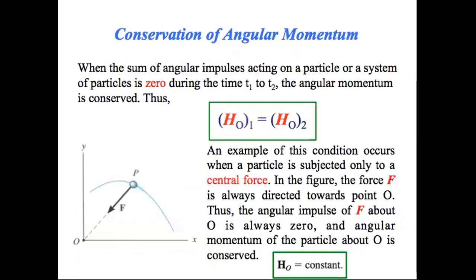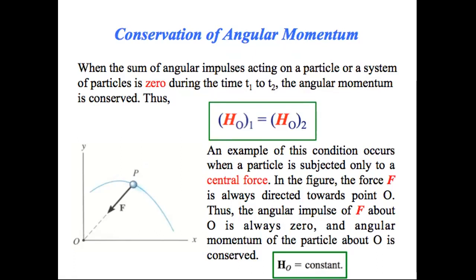Conservation of angular momentum. When the sum of angular impulses acting on a particle or a system of particles is zero during the time t1 to t2, the angular momentum is conserved. Therefore, the angular momentum at time t1 equals the angular momentum at time t2. An example of this condition occurs when a particle is subject only to a central force.